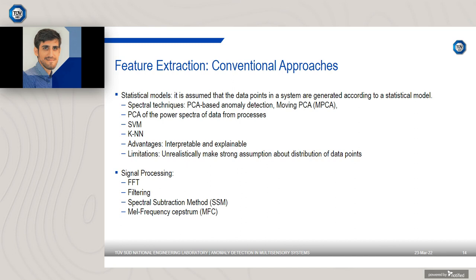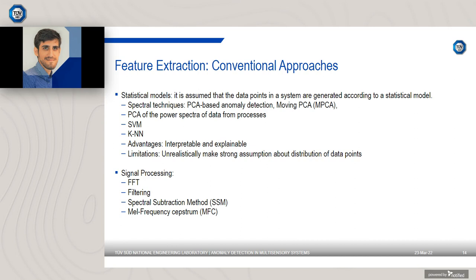And as for signal processing, we have different types of techniques, such as the very popular Fourier transform, which is used to transform signals from the time domain to the frequency domain and then extract the frequency content of the signal. The other method is digital filtering, which consists of a linear transformation of a number of surrounding samples around the current sample of the signal.